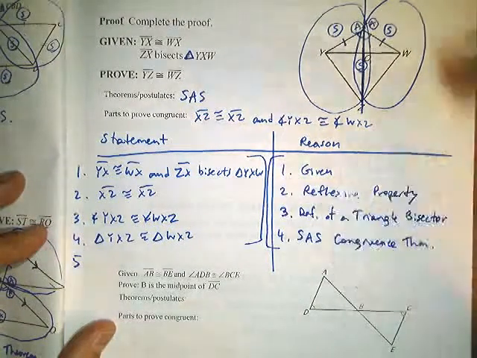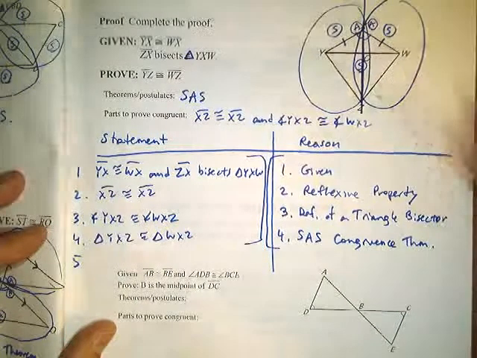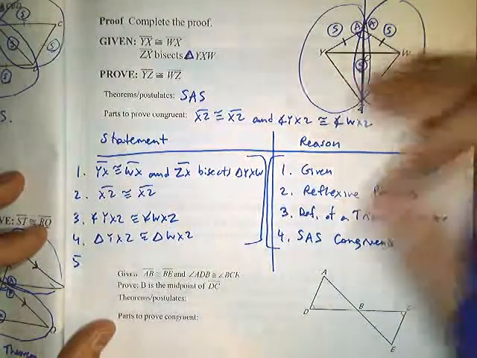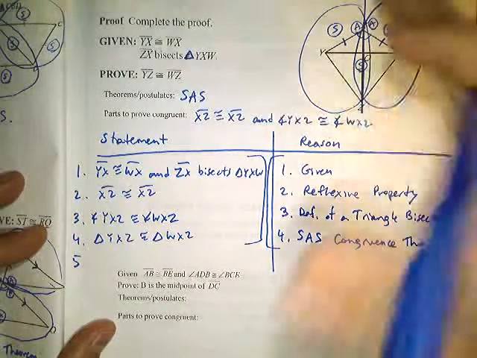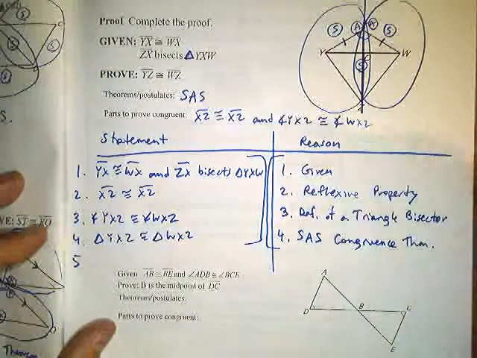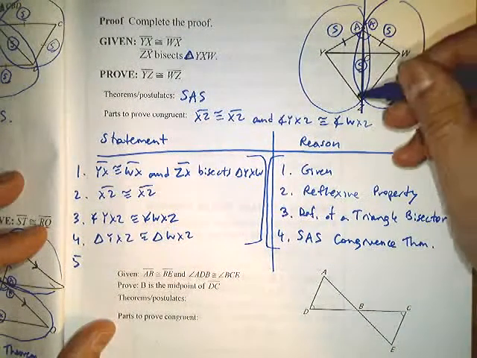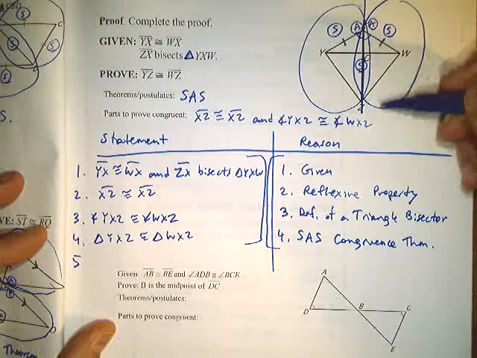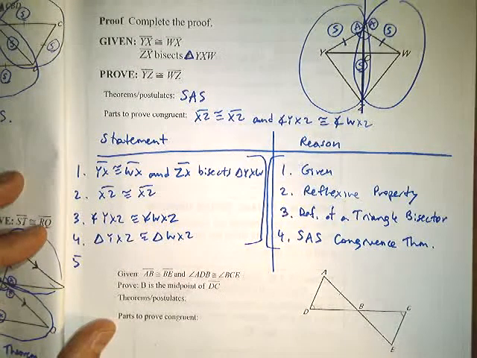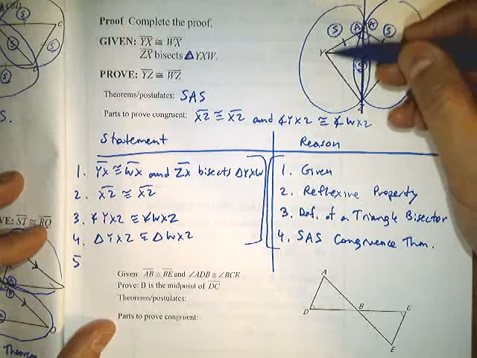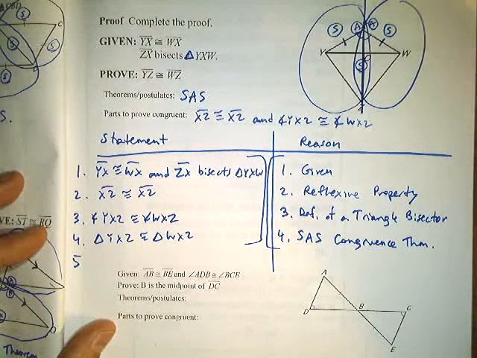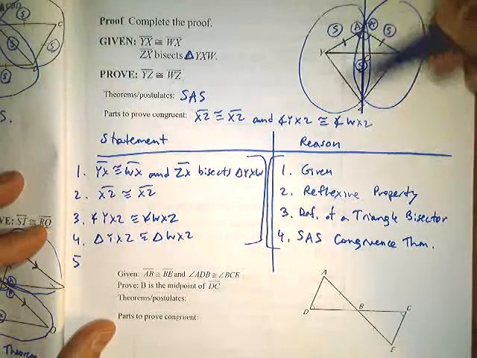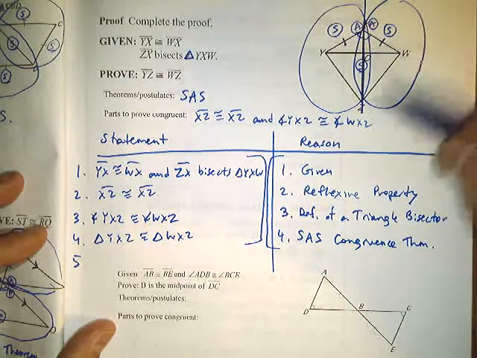All we're trying to do is show that this triangle on the left is congruent to that triangle on the right. Once we've done that, we can state that any matching parts, any corresponding parts, then have to be congruent. So we could say that this angle matches this angle, that this side matches this side, and so on. So what we were ultimately trying to prove is that YZ is congruent to ZW.